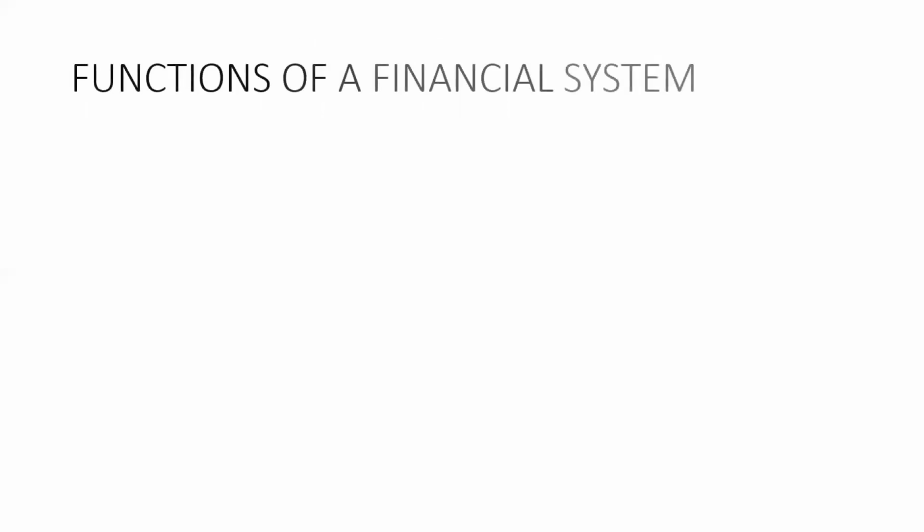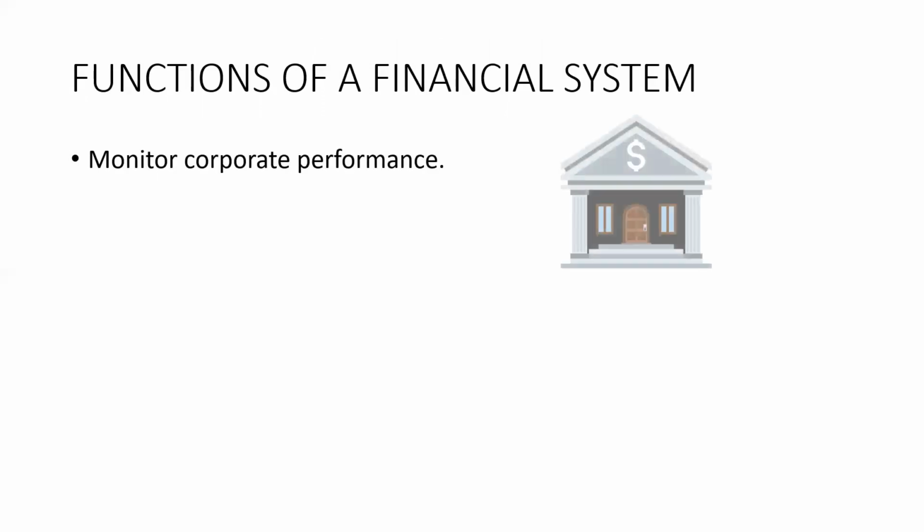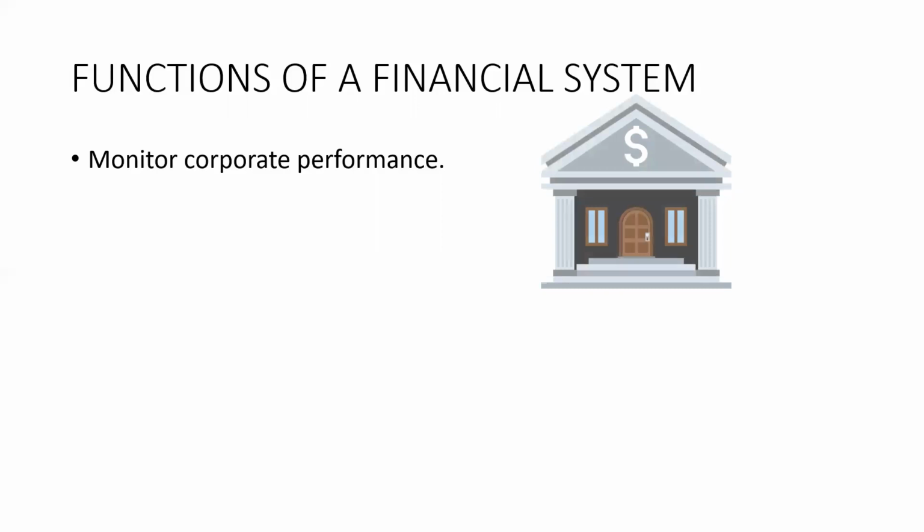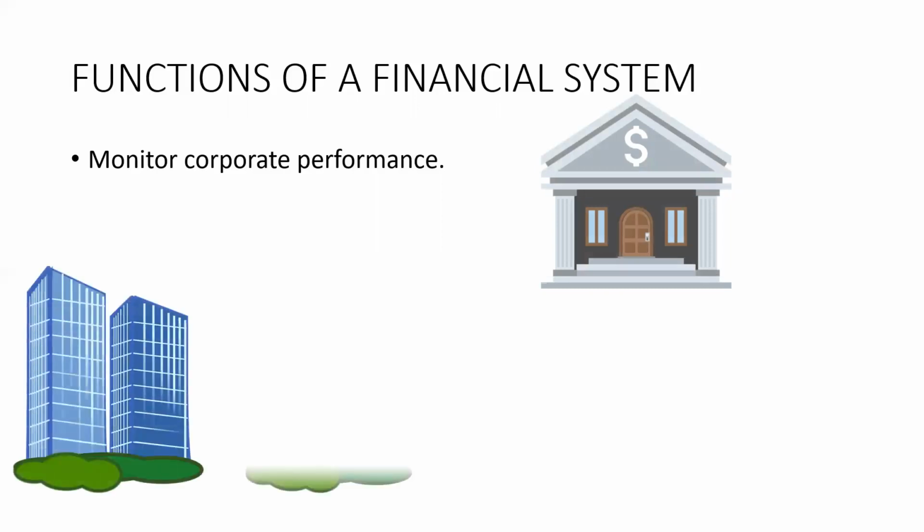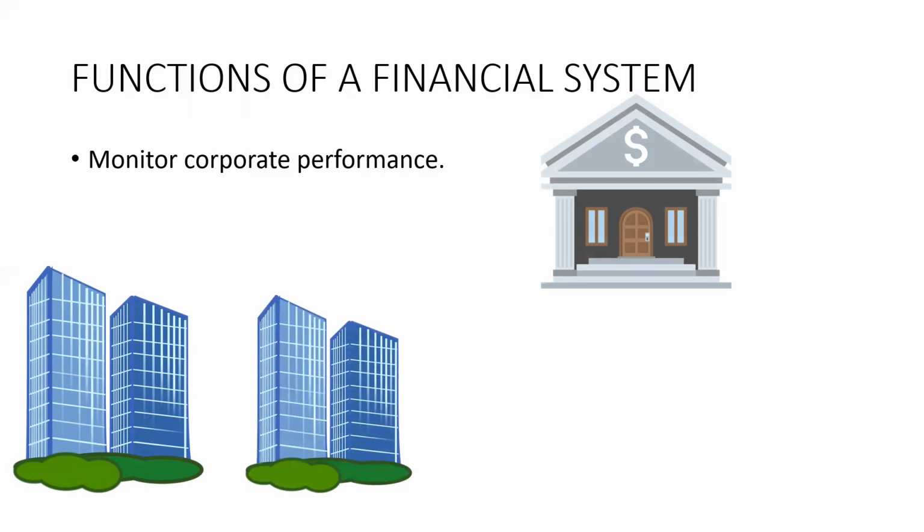Another important function of the financial system is monitoring of corporate performance. Financial institutions raise capital for the corporates or companies. In doing so, they are obliged to monitor the performance of these companies, making sure they earn sufficient return from their investments in various projects.